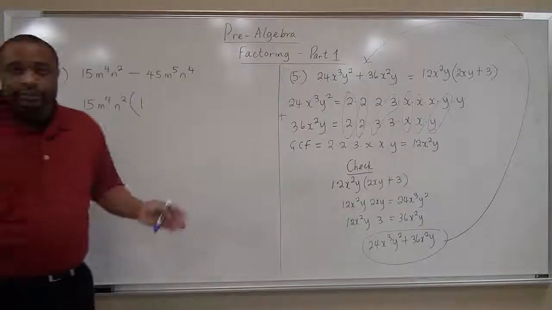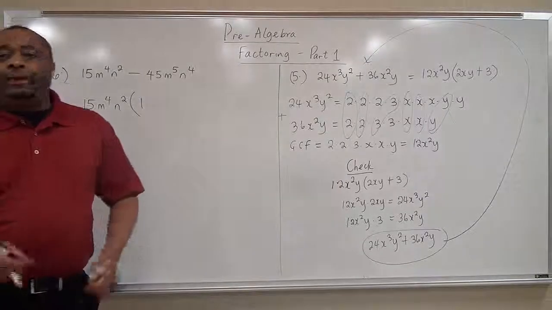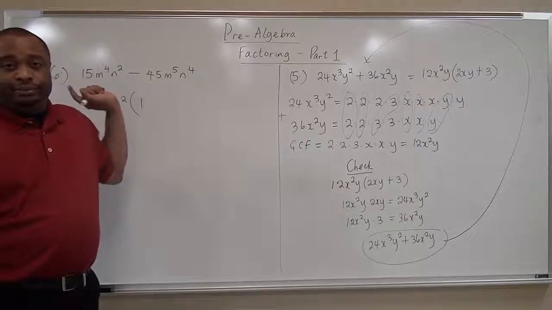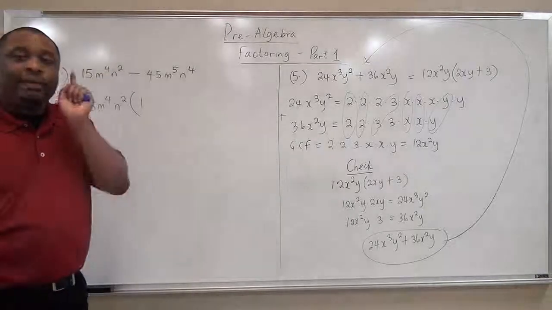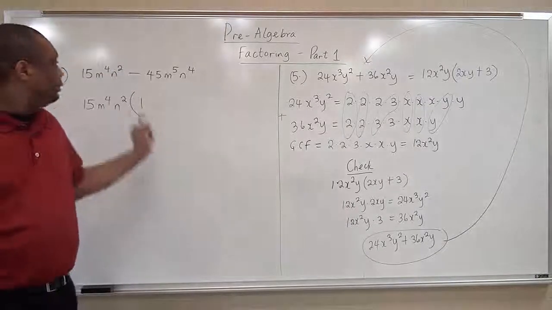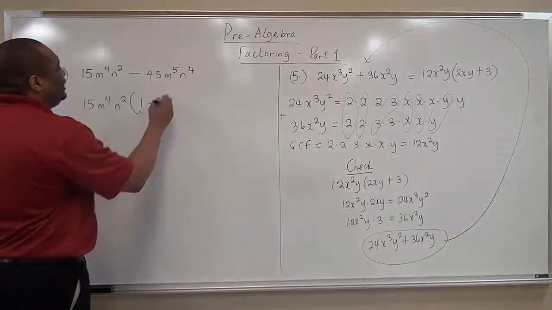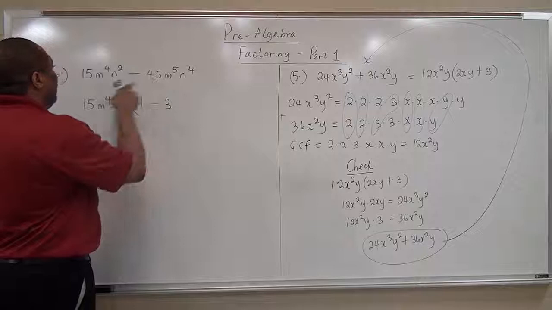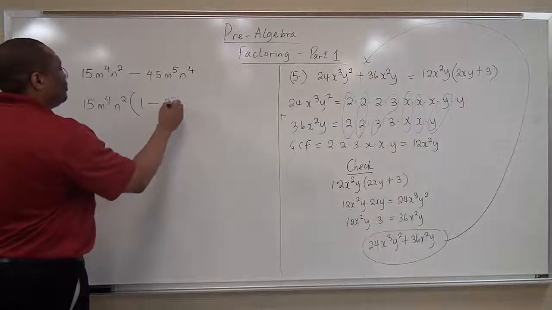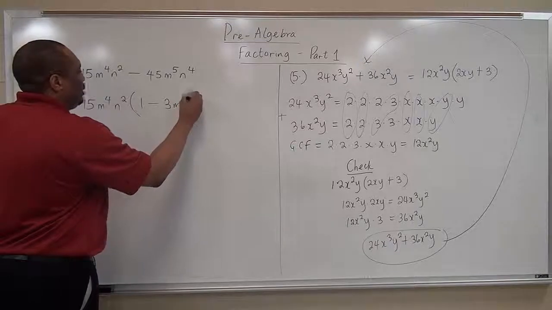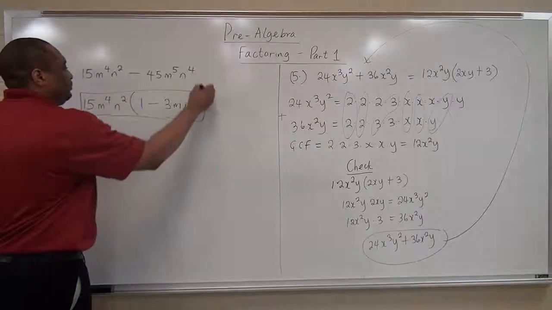Nothing will remain, and we don't write 0. You write 1. Minus 45 divided by 15 is 3. m⁵ divided by m⁴ is m. n⁴ divided by n² is n². And this becomes your answer.